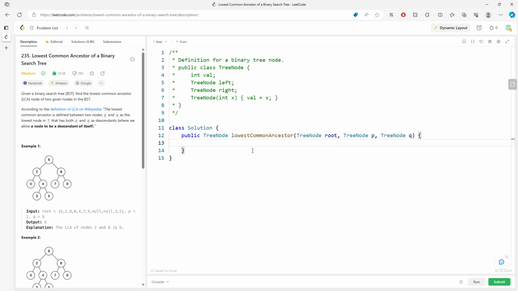Here are two solutions. One is recursive DFS, and the other one is iteration. It still looks like DFS, but whatever. So what do I need to check?